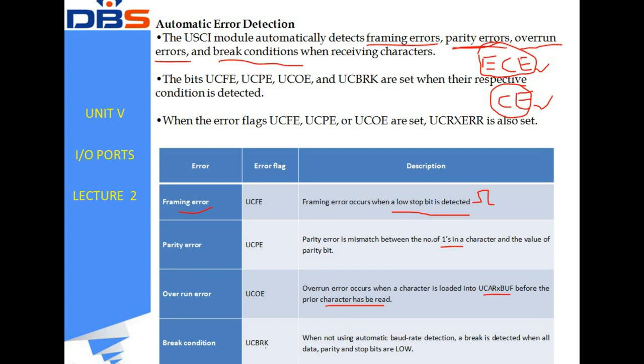And coming to the next one, UCBRK, break condition. When not using automatic baud rate detection, a break is detected when all the data, parity and stop bits are low. So after every byte of transmission there should be a break, otherwise it will be an overlap.